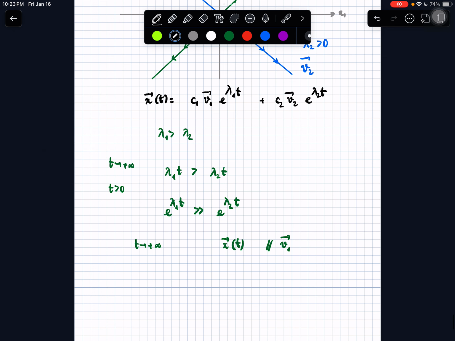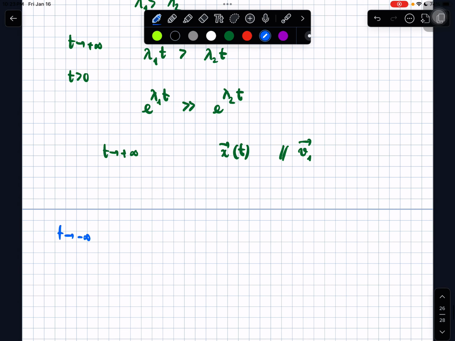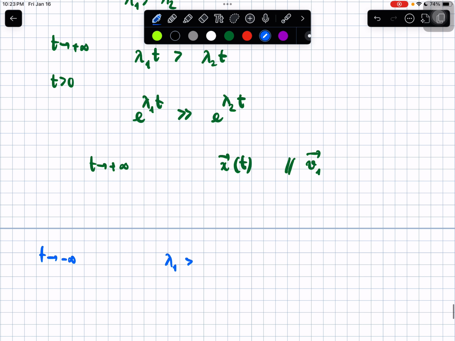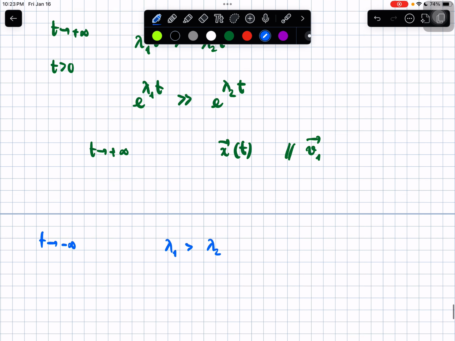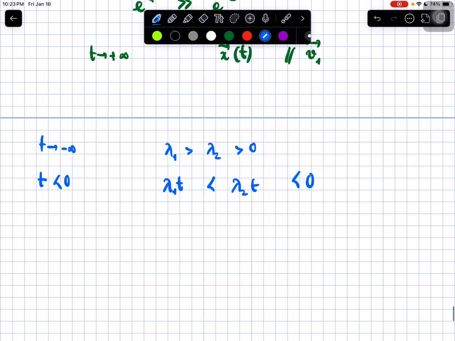Similarly, when t goes to minus infinity, we expect x to follow the blue one. Lambda 1 is bigger than lambda 2. t tends to minus infinity, t is less than 0. Lambda 1 t is now less than lambda 2 t. This one is bigger than 0, this one is less than 0.